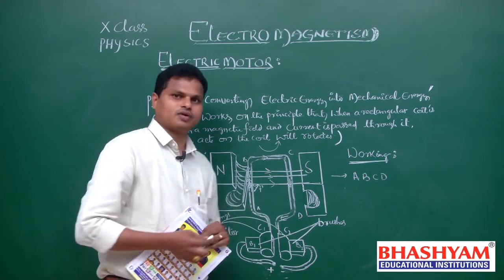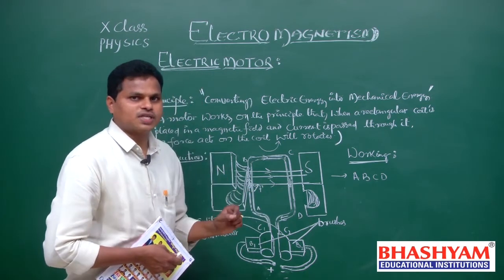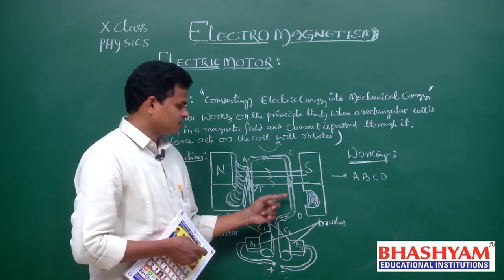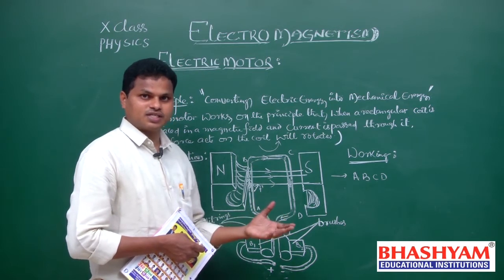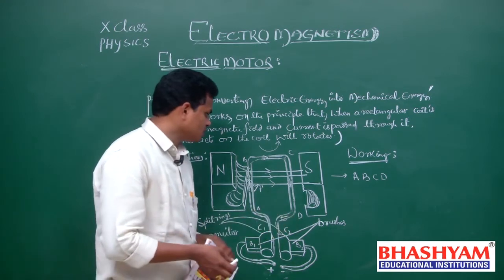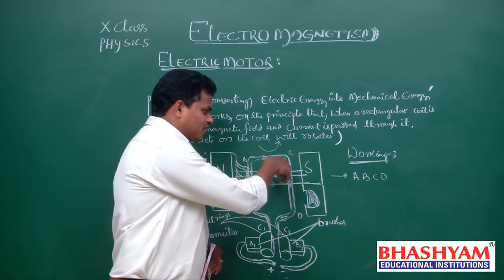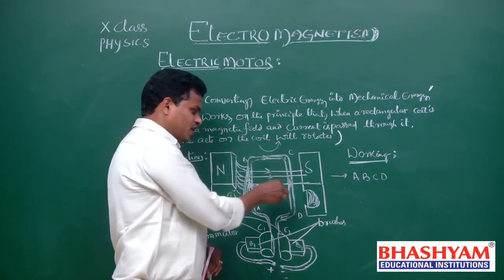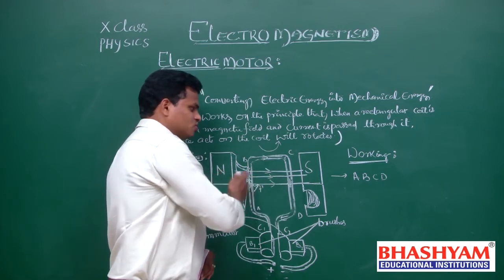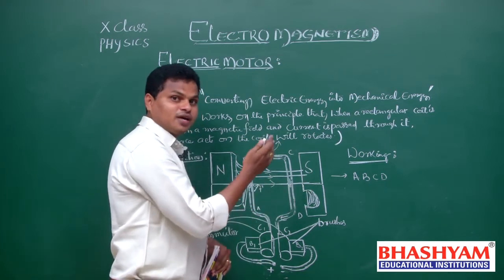Downward. Now, how much force is acting on arm CD? This force decides in which direction the coil rotates, that's why I am calculating. Here the direction of current is downward, and the field is from north to south. In which direction is the magnetic force acting?